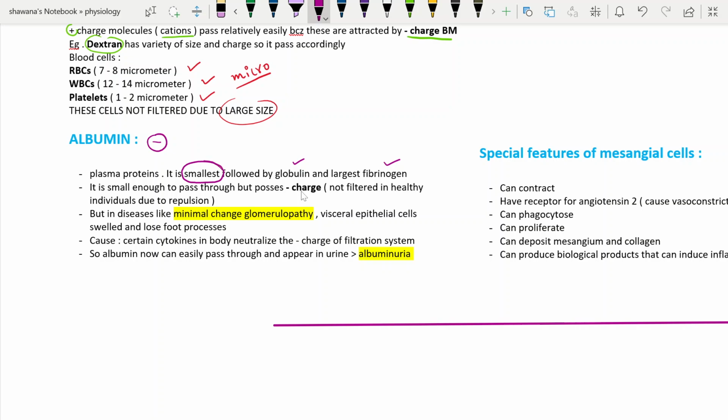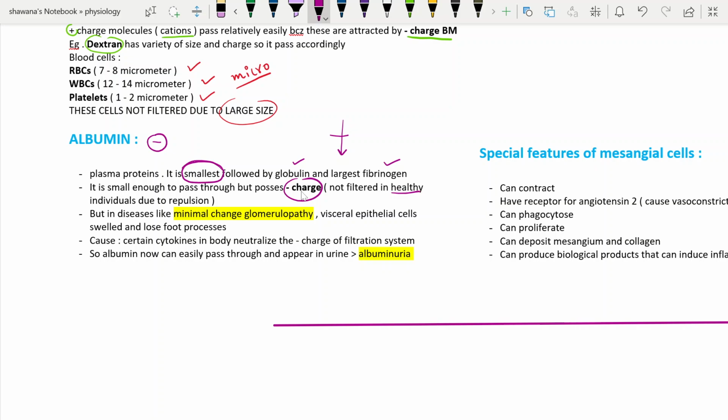So why can it not be filtered? It has the right size to be filtered through the filtration barrier, but it does not filter because it possesses a negative charge. It is not filtered in healthy individuals due to repulsion forces.